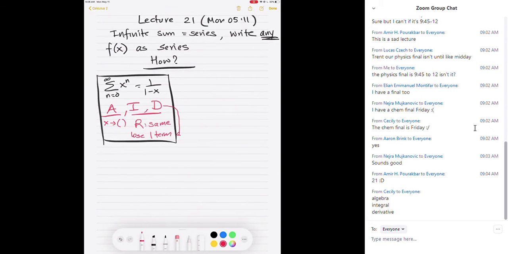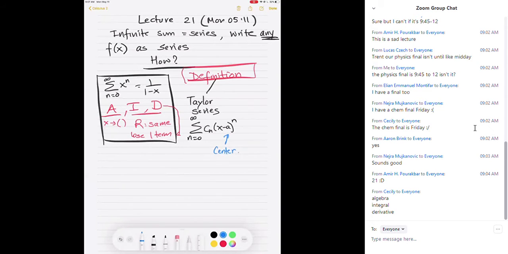The other idea is I'm going to use the definition. What do I mean by definition? I'm going to use this to write it as a Taylor series, which we're going to do today right away: the sum from n equals 0 to infinity of Cn times (x minus a) to the n, where a is the center.